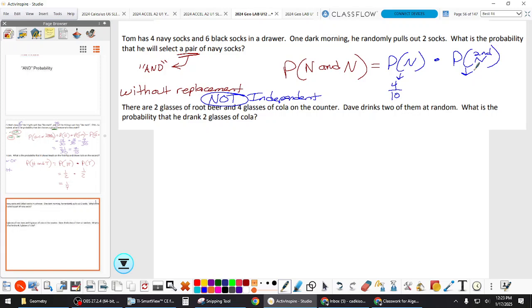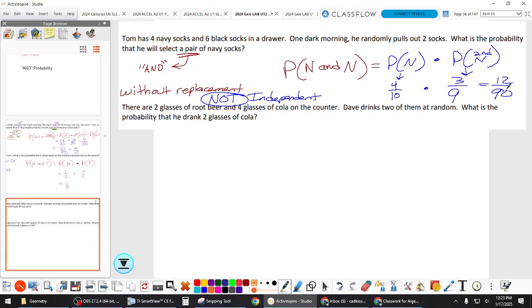I pulled that one out, I'm holding a navy sock. 3 out of 9. There you go. Now it's 3 out of 9 remaining. So now we can still multiply as long as it's like this, but we just have to adjust that second one. So this is 12 out of 90, which is kind of weird.